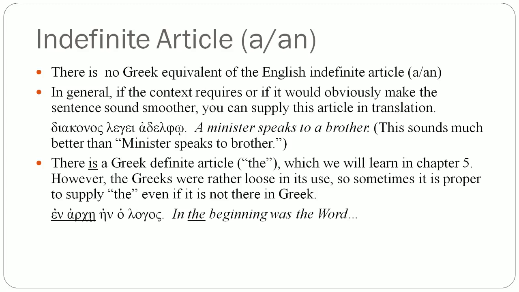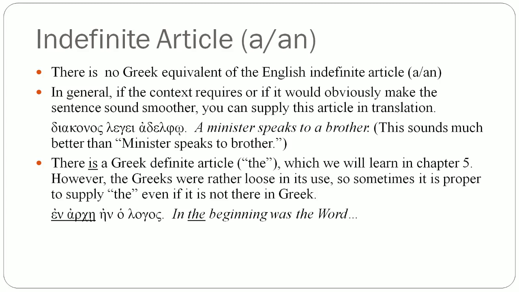I put an example here, diakonos lege adelpho. Okay, diakonos is the word for deacon, or it's a word that we get the word deacon from in English. Diakonos means a minister, a server. Lege, again, is the third person singular of to speak or to say.